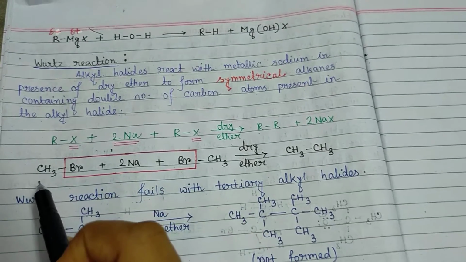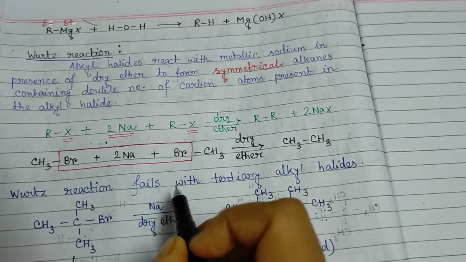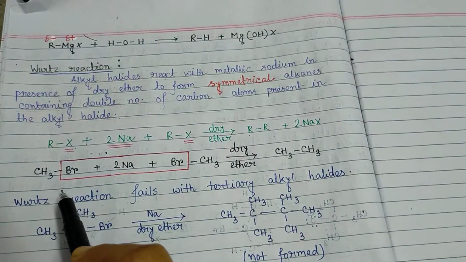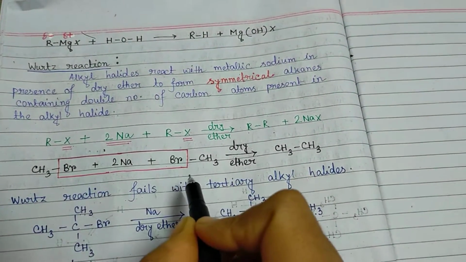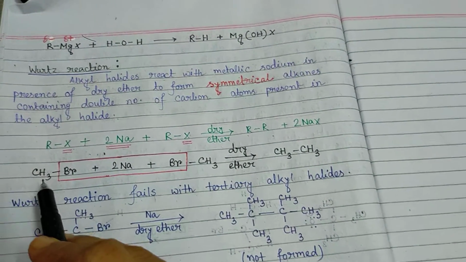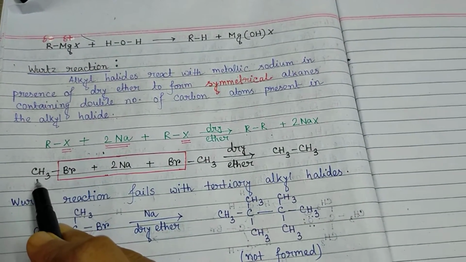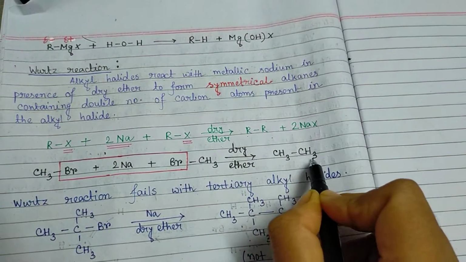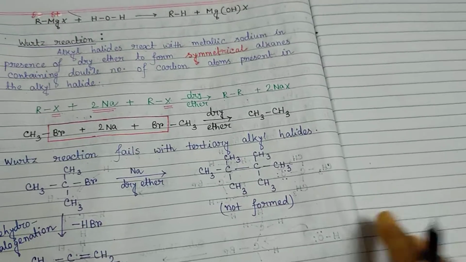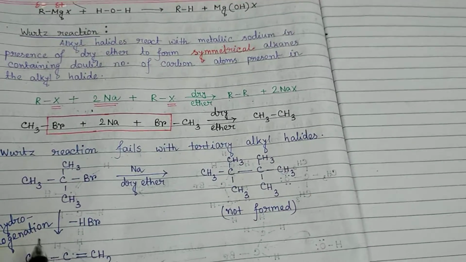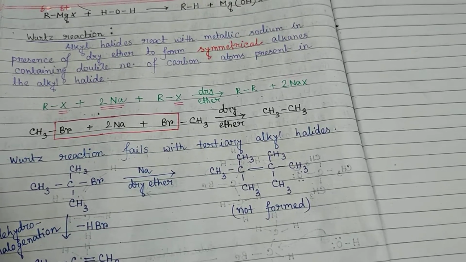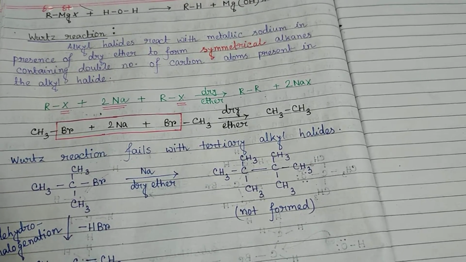So here if we use methyl bromide, then we can have ethane as our product. So we can easily observe that the number of carbons is becoming double that of the alkyl bromide. Alkyl bromide contains one carbon, but here the product has 2 carbons.